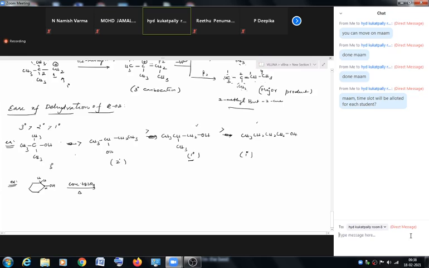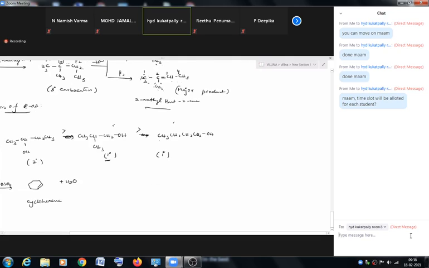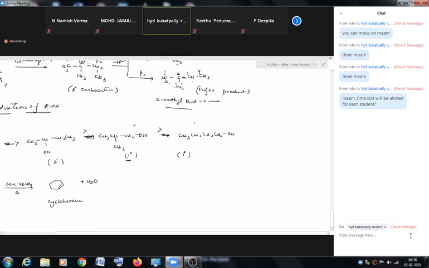Even here also at beta you have two hydrogens. So by removing a water molecule, we end up having an alkene from cyclohexanol to cyclohexene. This is also dehydration giving us alkene. So like this also we can have; it need not be open chain compounds every time.